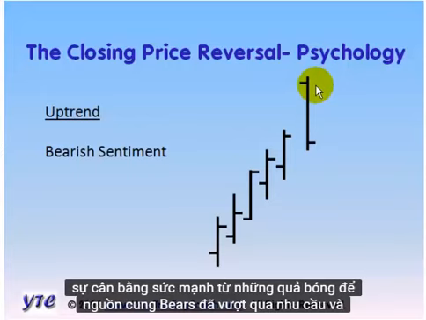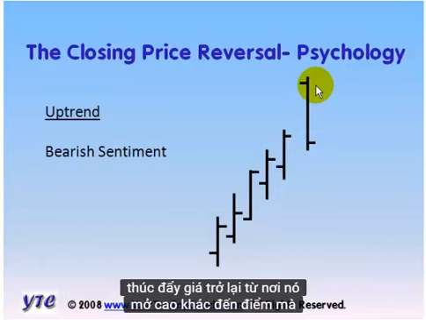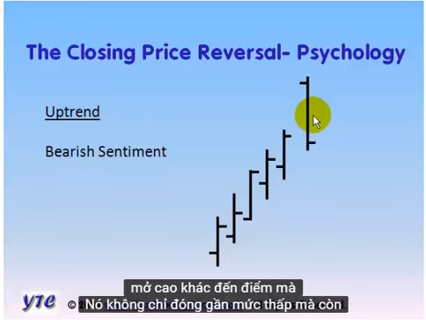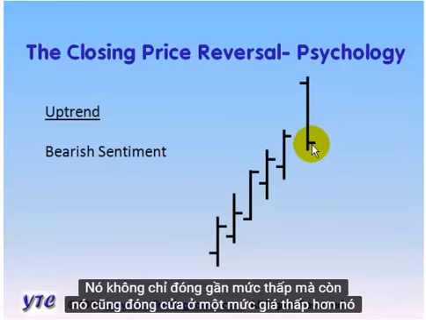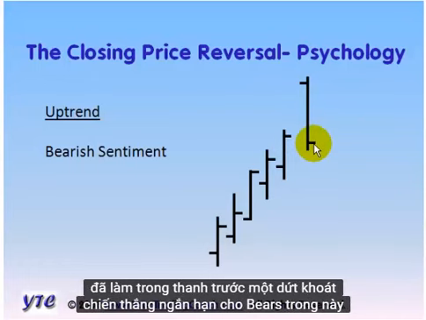Supply has overcome demand and driven price back down from where it opened near the high to the point where not only does it close near the lows, but it also closes at a lower price than it did in the preceding bar, a definitive short-term victory for the bears.